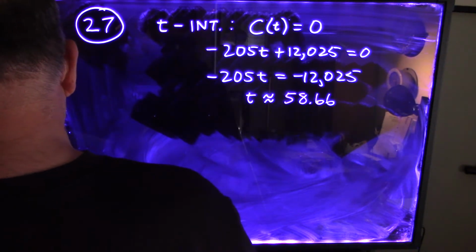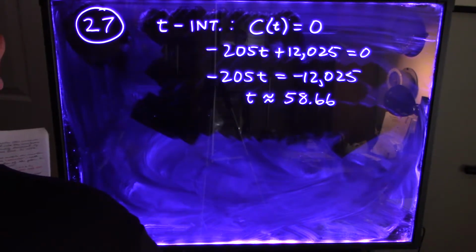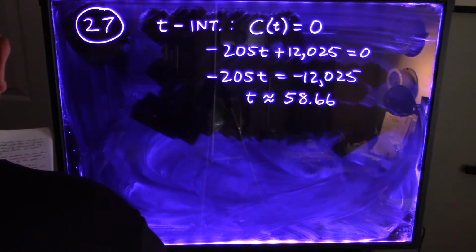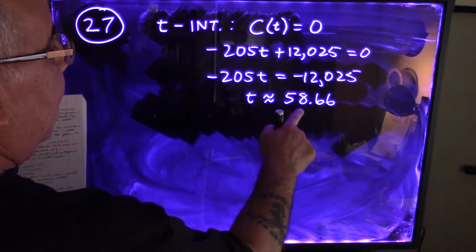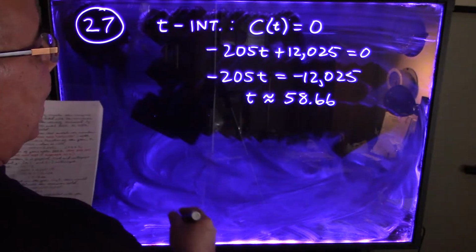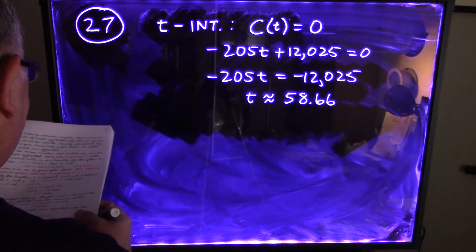Now that implies, again, these t's represent the number of years after 2005. So this is almost 59 years after 2005. That would be in the year 2063.